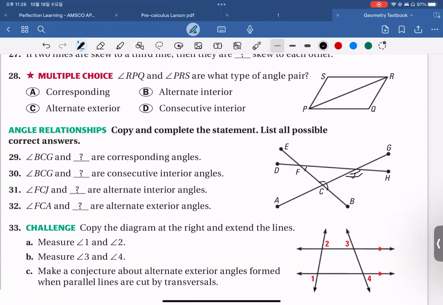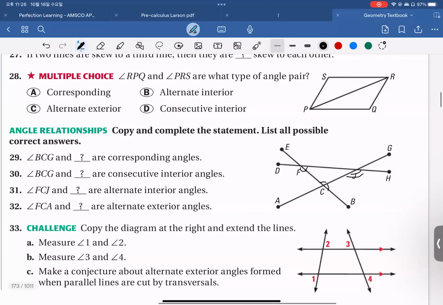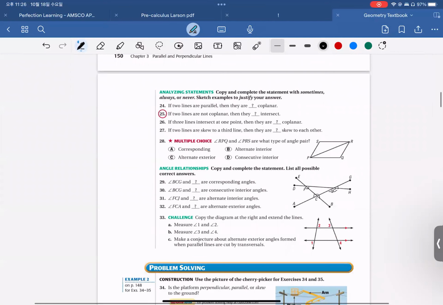FCJ, so this angle and its alternate interior angle could be right here. So these are two alternate interior angles. And angle FCA is right here, and its alternate exterior angle could be something like angle GJH. So this is pretty simple, just basic angle relationships.